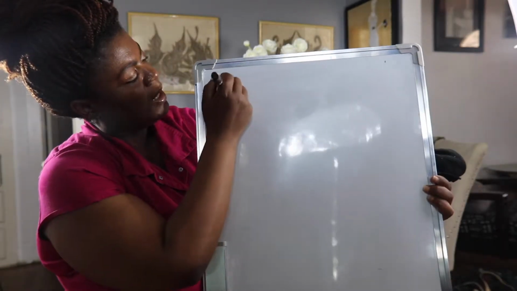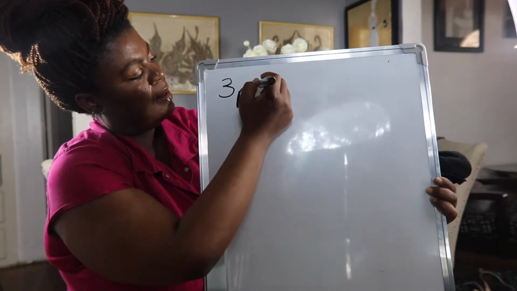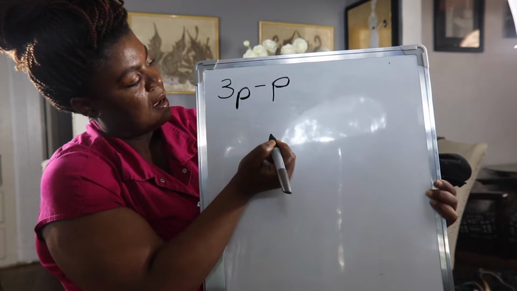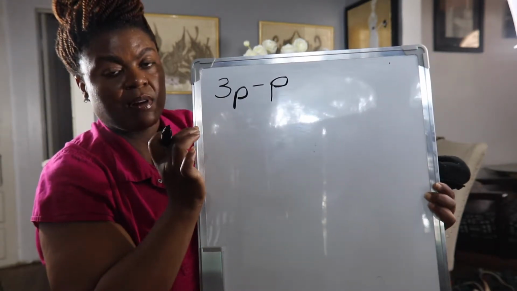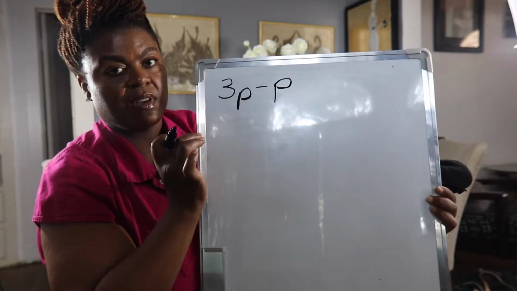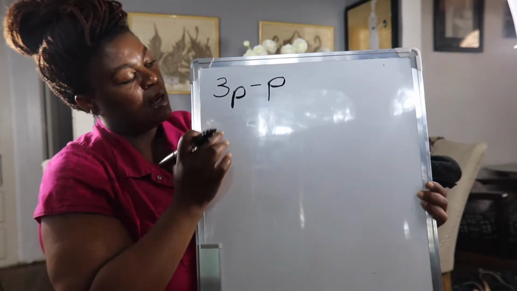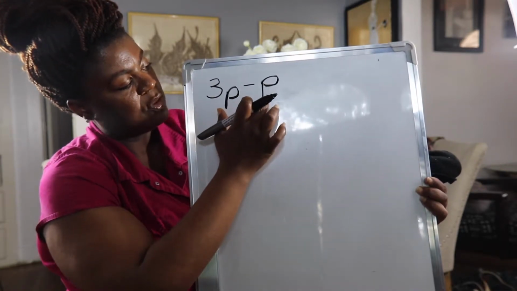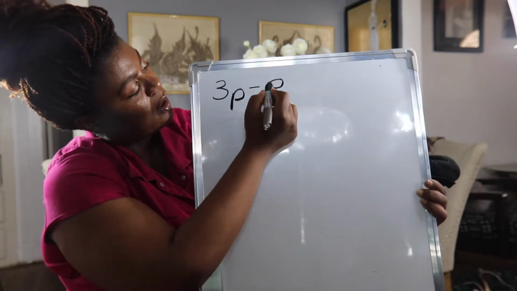Okay, 3p minus a p. Okay, so they both have p's. That's the same variable. They share the same variable. When they share the same variable, you just work with the numbers. Since you just see a single p, it has an imaginary 1.